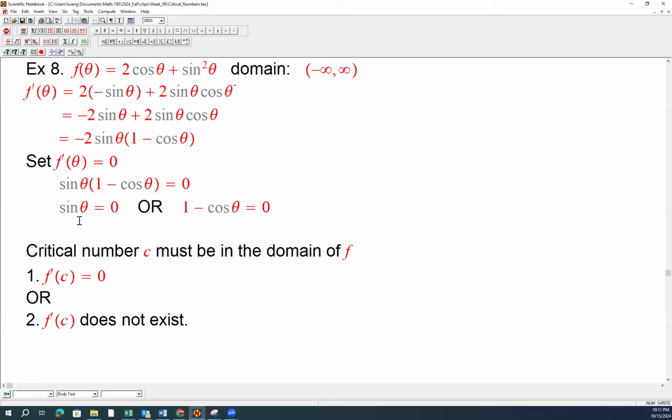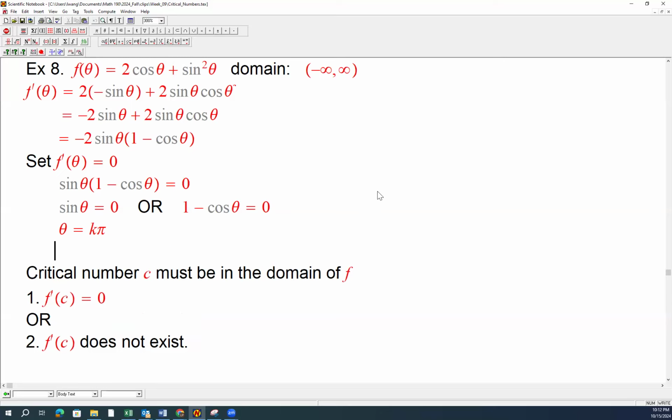Sine theta equals 0 in the entire domain. How many thetas make sine theta equal to 0? We have lots of critical numbers: k times pi, where k is any integer.